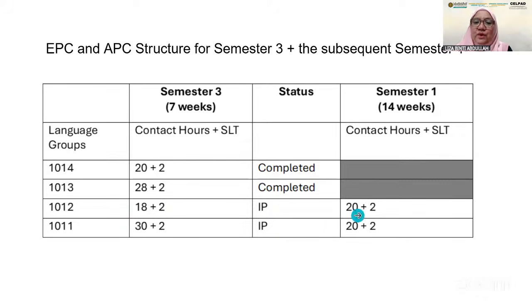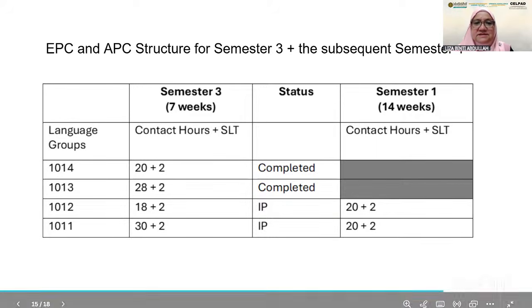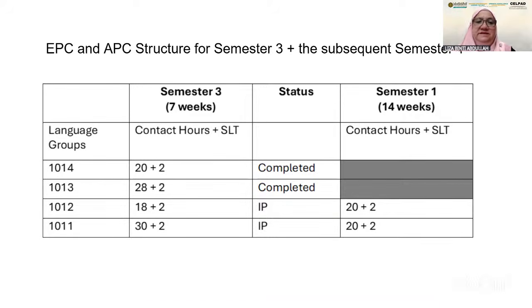Then you will do 20 plus 2. So your result will only come out after that following semester 1, not in semester 3, because of a lot of hours. For 1011 also the same but more hours, and then continue in semester 1 after that semester. So this is the structure for the short semester.